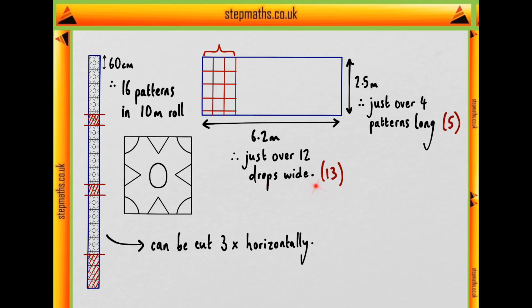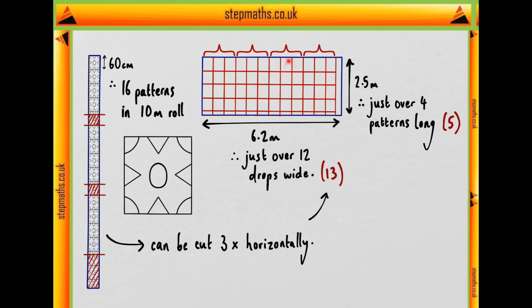Well, we need to have our total covering to be 12 drops wide, so no, actually it needs to be just over 12 drops wide, i.e. we need 13 drops wide. So in order to get that, we can add 1 more on, so we have 6 so far. Another, now we have 9. Another, now we have 12, but we're just over 12 since it's 6.2 metres divided by 50 centimetres, so that leaves 20 centimetres left over.